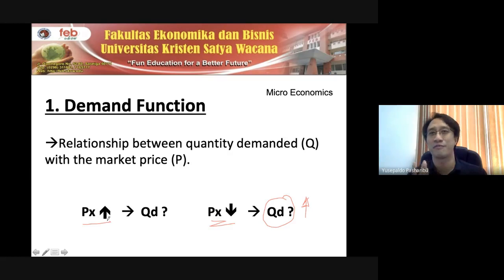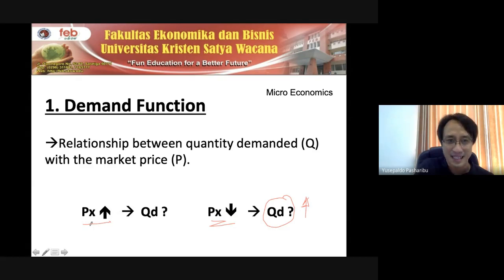One gram of gold usually could be bought for around 500, but at this time it goes to nearly 1 million rupiah. That means if we go to a gold or jewelry store, there are not many people there.